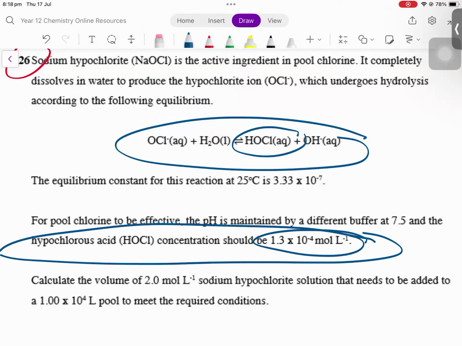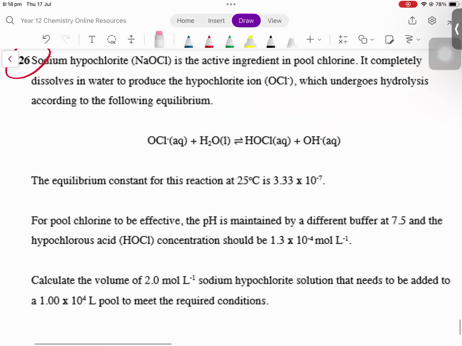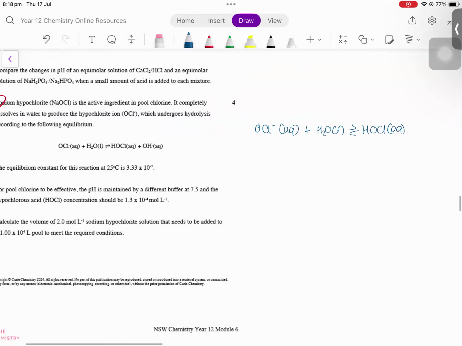The acid has been made by this reaction. So we're going to start off with this. OCl minus aqueous plus H2O liquid turns into HOCl aqueous plus OH minus.